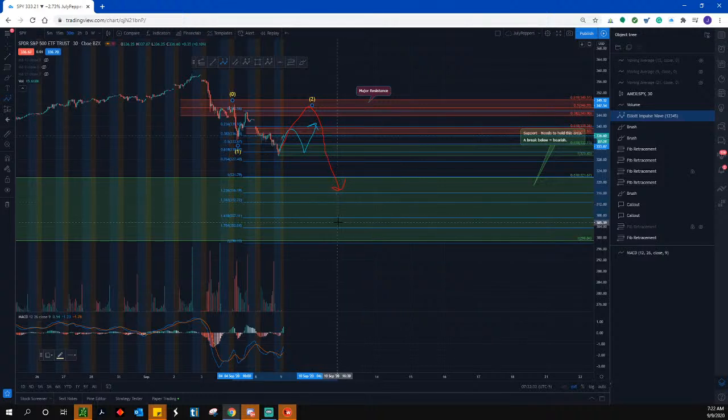Then we could come down for a wave 3. And then we pull back to a wave 4, then come back down for a wave 5. Okay, this is why I drew this red line, because that's the other move I'm tracking.